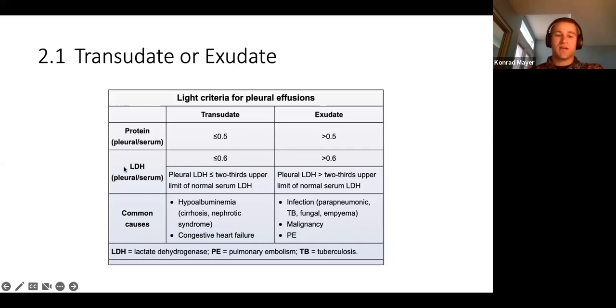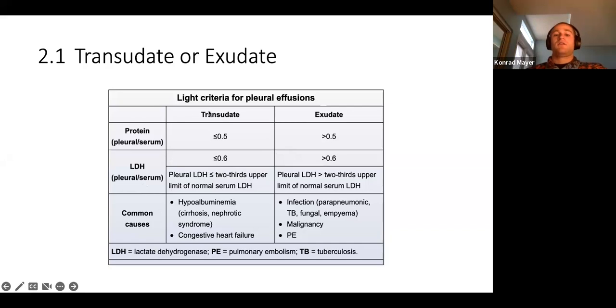And it's protein and LDH. We're comparing the protein in the pleural effusion to the protein in the serum, and the LDH in the pleural cavity to the LDH in the serum.